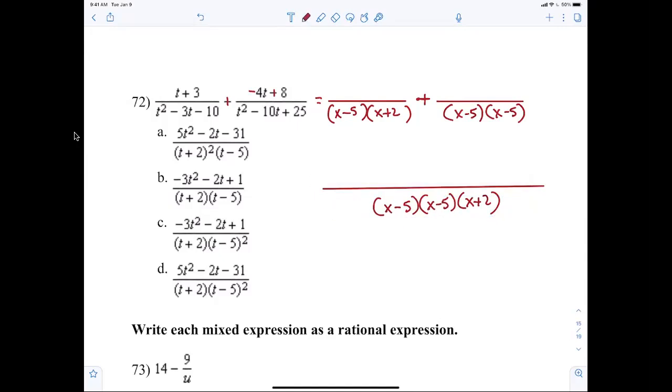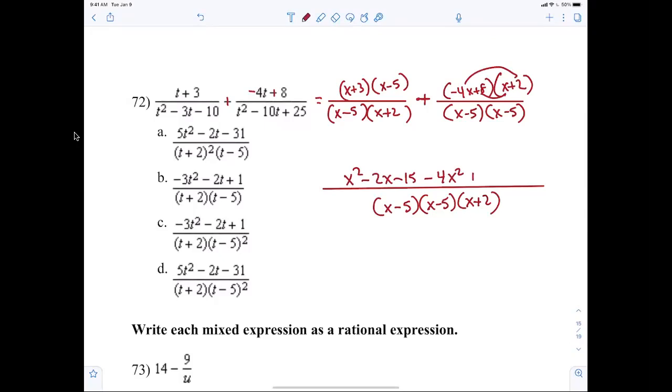All right. So now this would be x plus 3, and we have to multiply that by x minus 5. And then the right side is negative 4x plus 8, and then x plus 2. Yeah. All right, so be real careful now. x squared plus or minus 2x minus 15, plus, or negative, minus 4x squared.